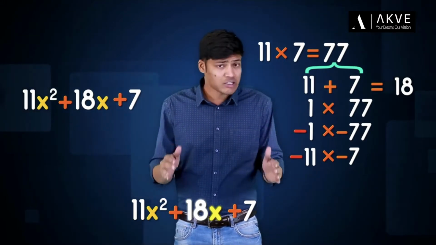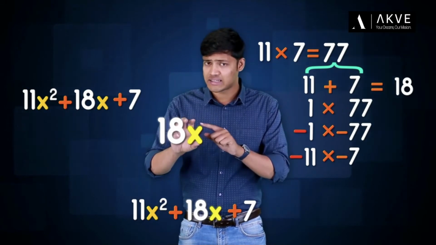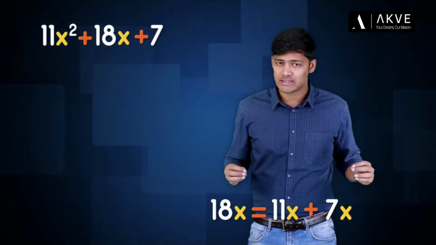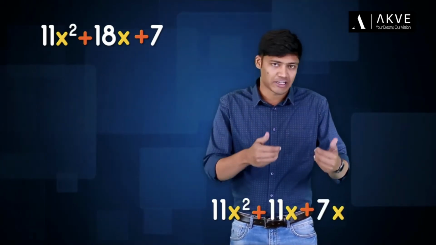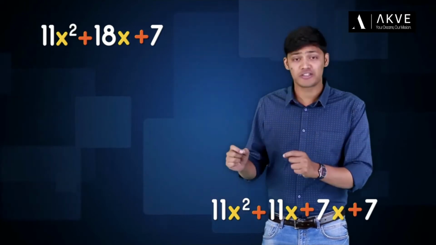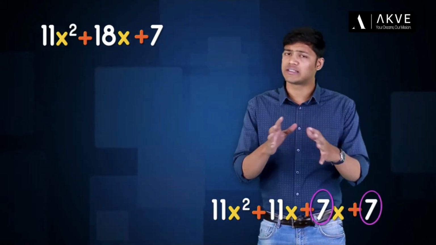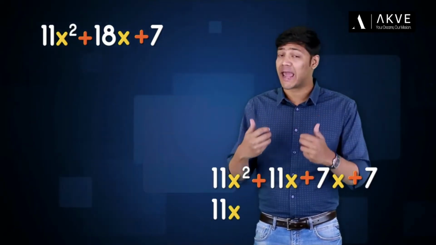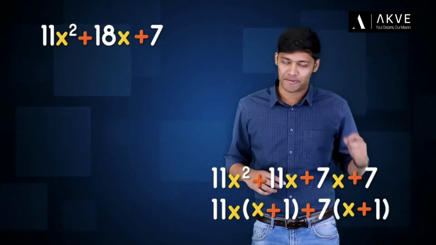So now, in this quadratic polynomial, we will split the middle term 18x as 11x plus 7x. So, the polynomial is 11x squared plus 11x plus 7x plus 7. So, from the first 2 terms, we take 11x common, and from the next 2 terms, we take 7 common. The expression will be 11x multiplied by x plus 1 plus 7 multiplied by x plus 1.